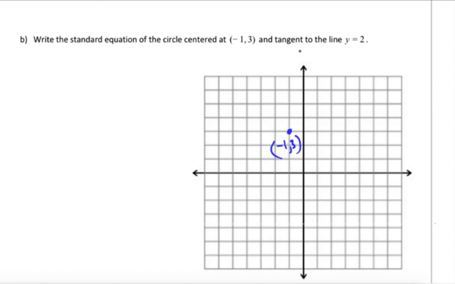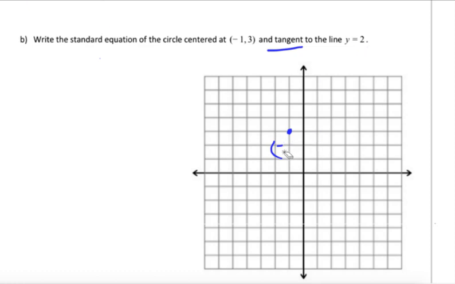And now it's tangent to the line y equals 2. If something is tangent to another object, that means it touches that object at a single point. So this is going to be a line at y equals 2.